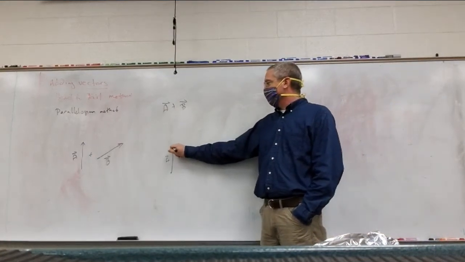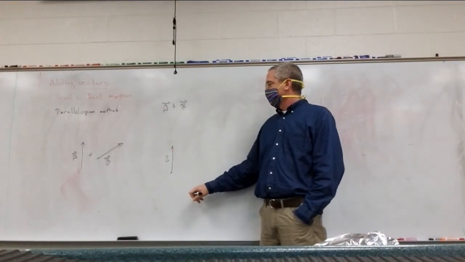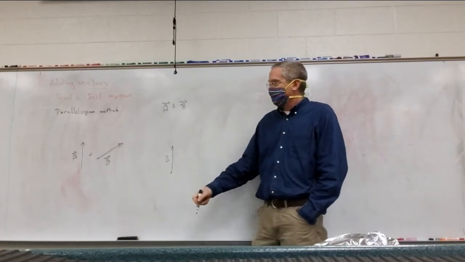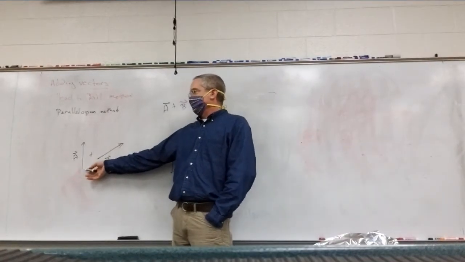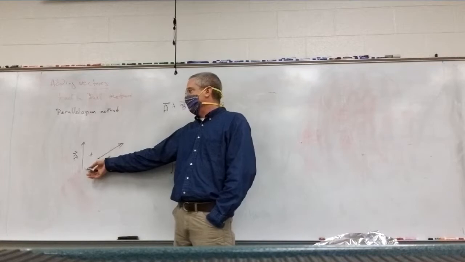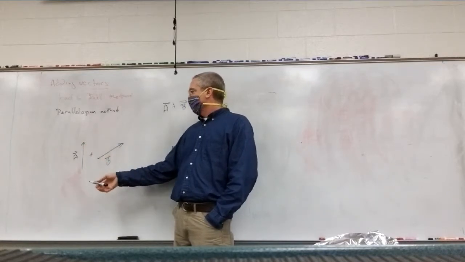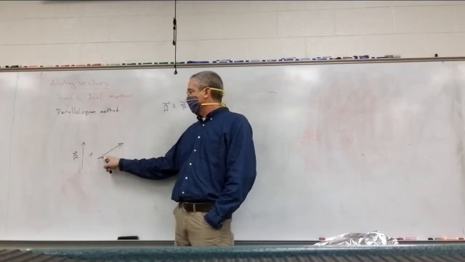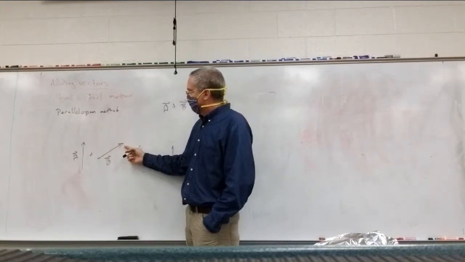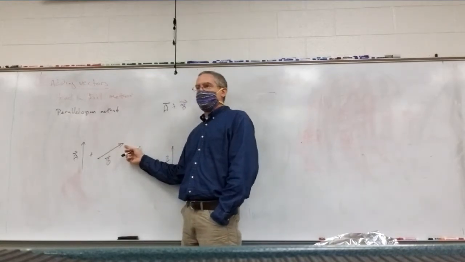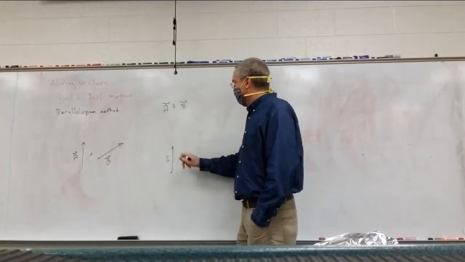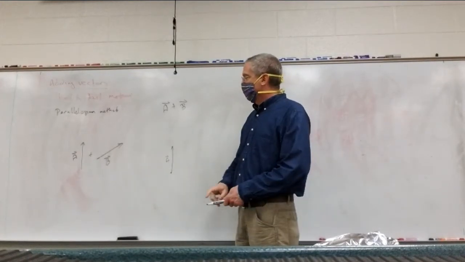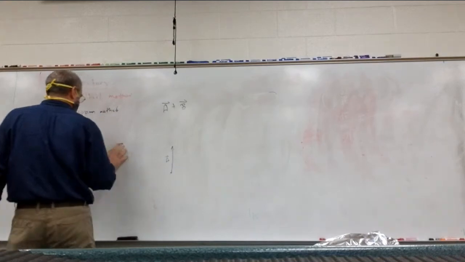Now I have a new starting point. Imagine that you're walking this. You're walking, that represents, let's say 20 steps in that direction. And then you turn, and now you're going to be walking 18 steps or whatever that would represent in that direction. So you're now here, and so now you're going to be walking this length right here.